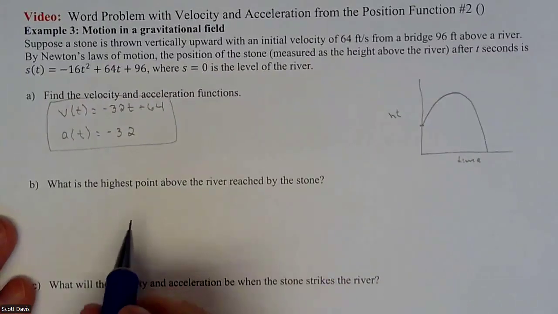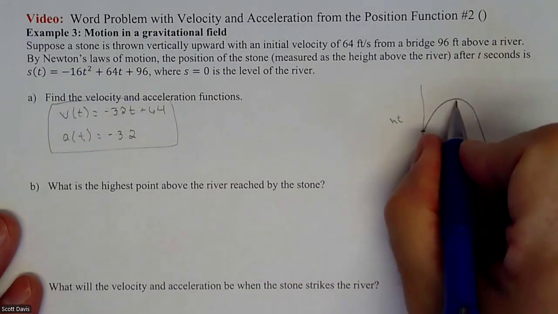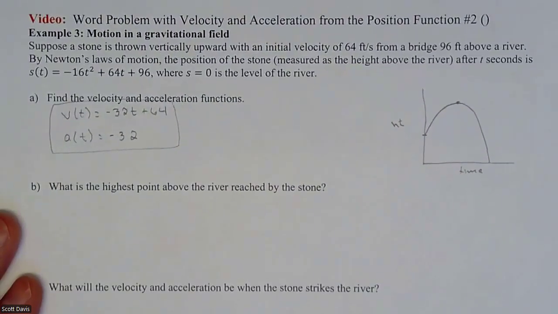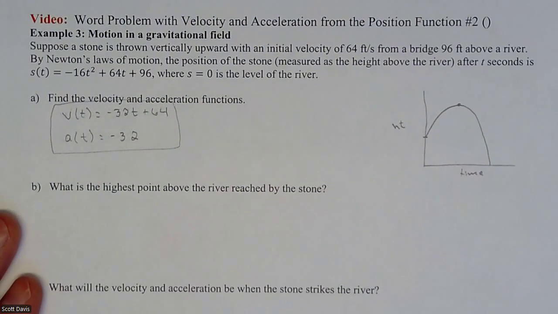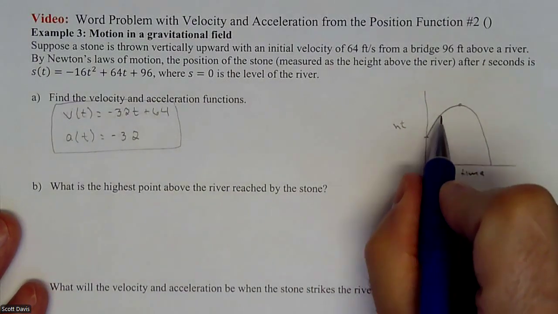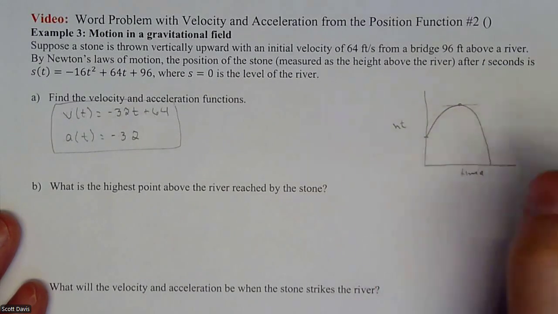So next question is, what is the highest point above the river reached by the stone? So the highest point visually is this point, which in a previous math class we called the vertex, and we had some methods for figuring that out. We have a little bit of a different method that we could use in Calc, and it has to do with the fact that at that point, our velocity is going to be 0.